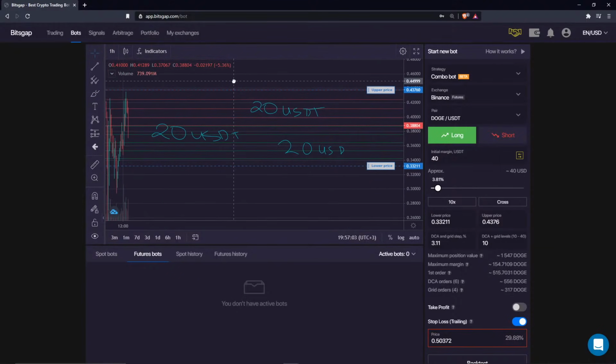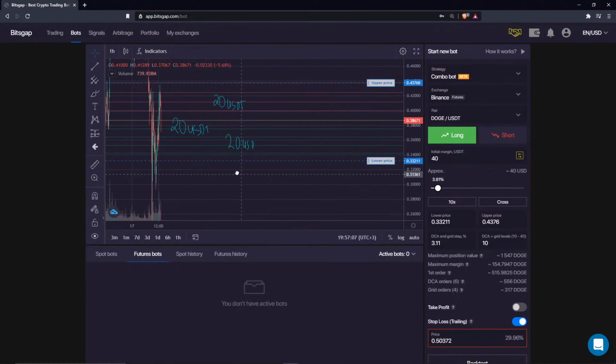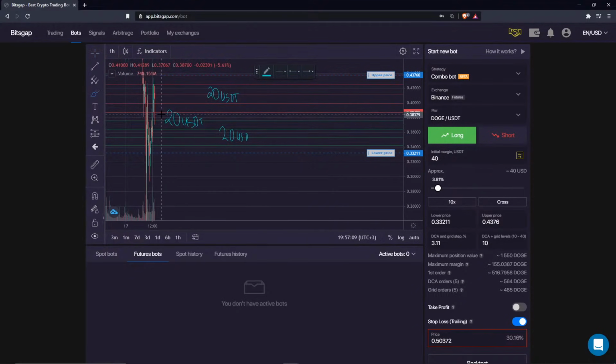And the thing about this bot is that we have another layer of DCA orders. So let's say the price falls and it executes all of these buy orders. That means your exposure rose from 20 plus 20. Now your risk exposure is 40. But we also enabled the second layer of DCA orders. Once this first layer is executed by the market, you will see other DCA orders popping out over here.